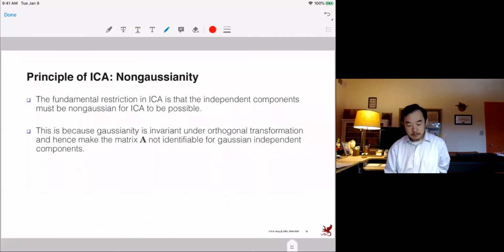And then how to enforce independence? As I said, testing independence is very, very difficult and hard to enforce. So people came up with a term called non-Gaussianity. It is recognized that if you recover the mu such that they are as non-Gaussian as possible, well, how do we mean by non-Gaussian?